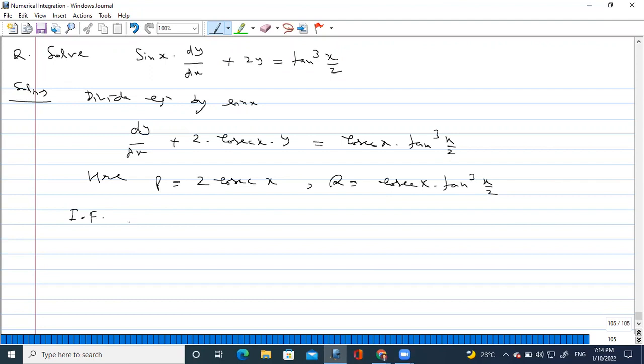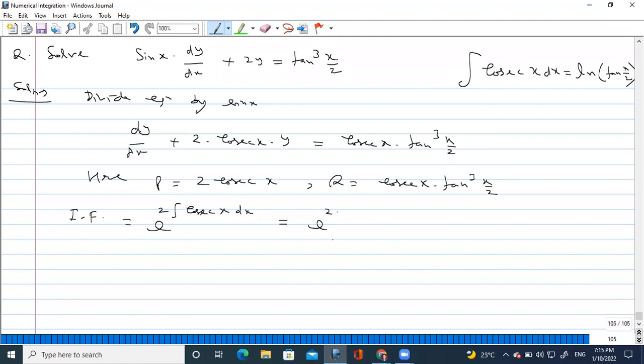So what will be the integrating factor? e to the power integral 2 cosec x dx. Now tell me, what is the integral of cosec x dx? Can anybody tell? Don't remember? That is ln tan x by 2.